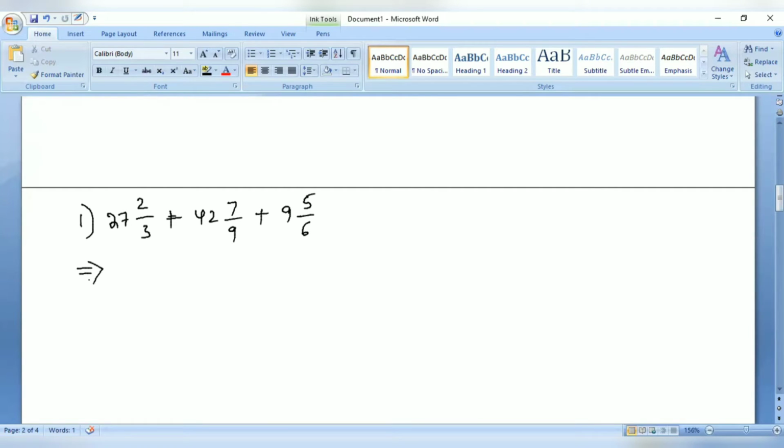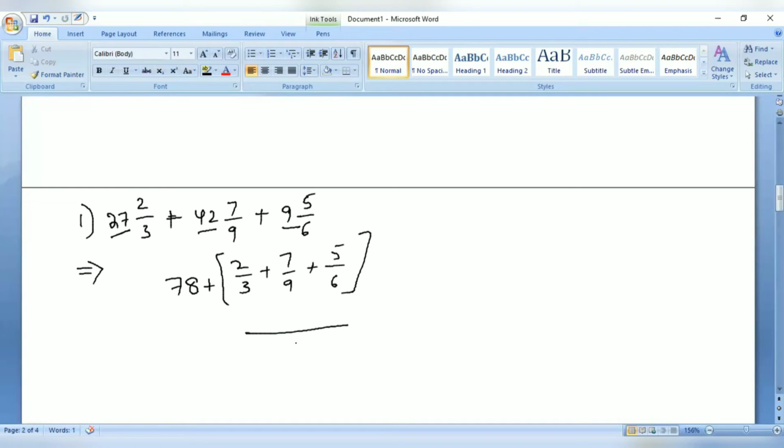First, what we need to do is, let us add these numbers 27, 42 and 9. So what is the value? 27 plus 42 will be around 69. 69 plus 9 will give us 78. Okay, so plus, now maintain the values of fractions here. 2 by 3 plus 7 by 9 plus 5 by 6.